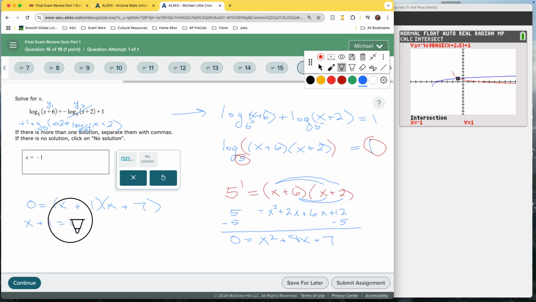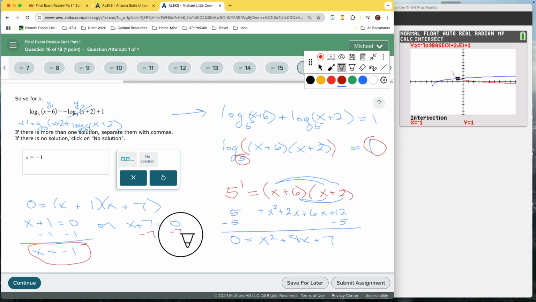So x plus 1 equals 0, or x plus 7 equals 0. Subtract 1 here. You get x equals -1, which is the answer that works. The answer we got over here, if you subtract 7 from both sides, you get x equals -7.